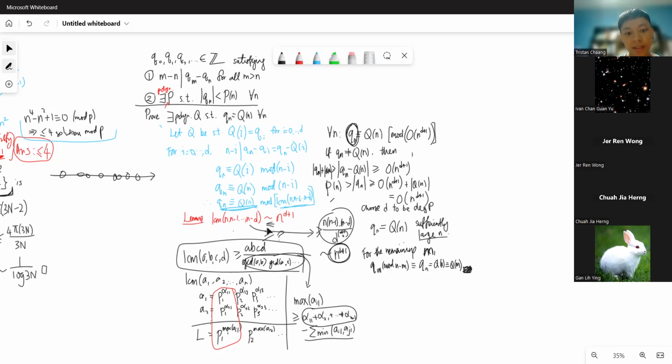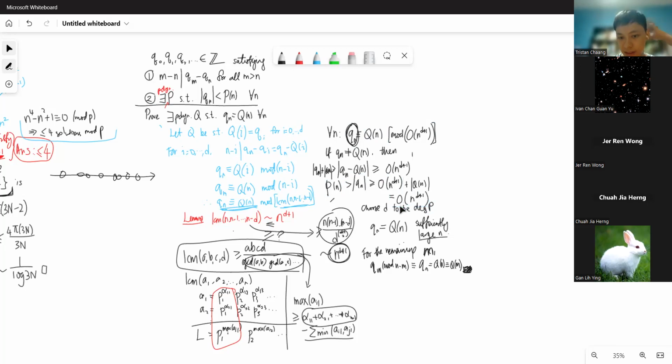This number is growing at the rate of n to the d plus 1. So that means you are forcing these two integers to be equal by choosing d to be the degree of p. Otherwise, the differences will be too large and you will violate the second condition.